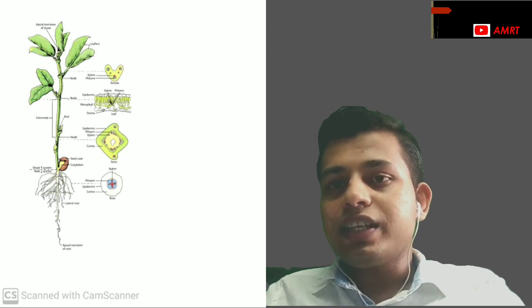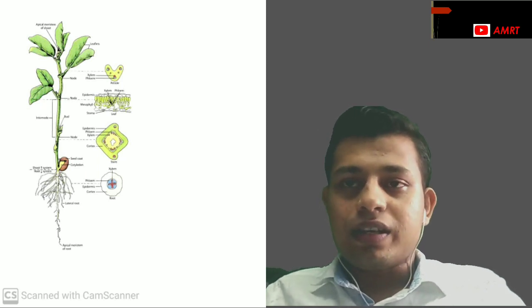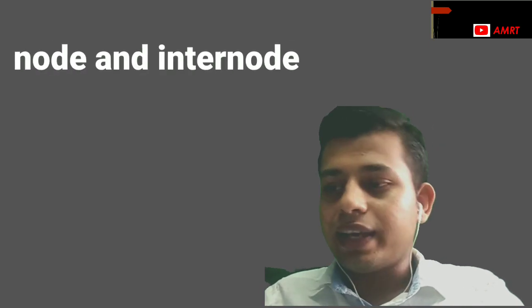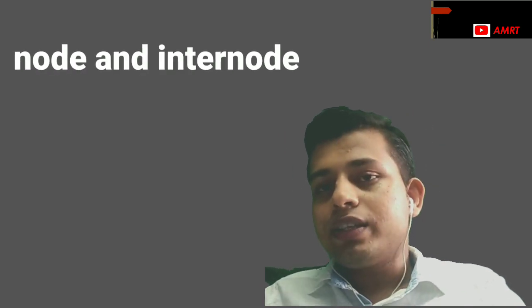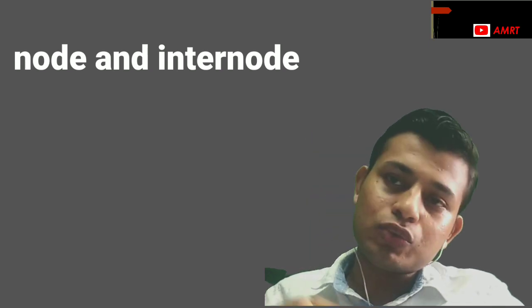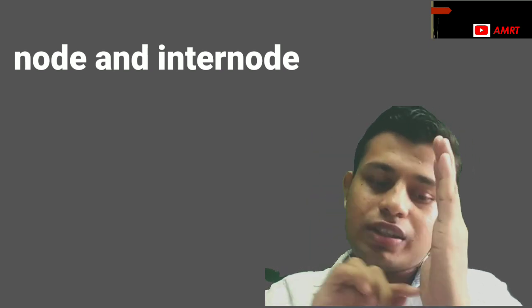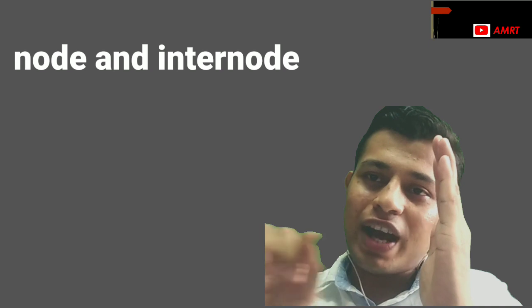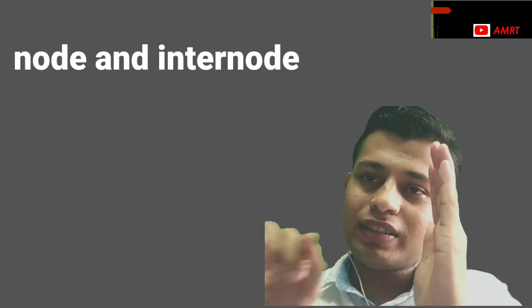Next we are going to discuss the node and the internode. What is a node and what is an internode? A node is the part at which one or many leaves arise.